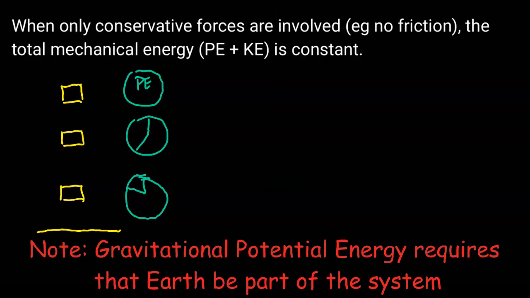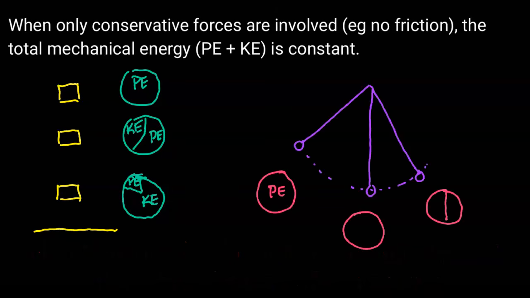We can use pie charts to illustrate this idea that the total amount stays the same, so the circles are the same size. However, the potential energy is changing as it's falling. The potential energy is decreasing, getting less and less. However, the kinetic energy is increasing. We can also illustrate this idea of conservation of mechanical energy with this pendulum.